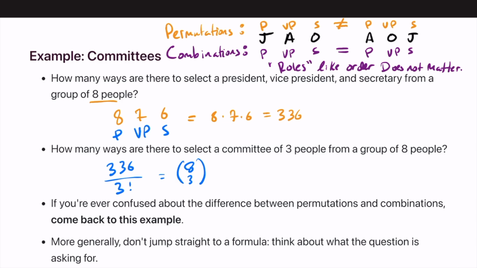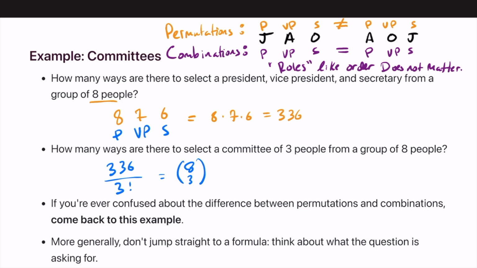So, if you're trying to think about permutations versus combinations, this example is really nice because you can think about something like roles, which is analogous to a real world thing.